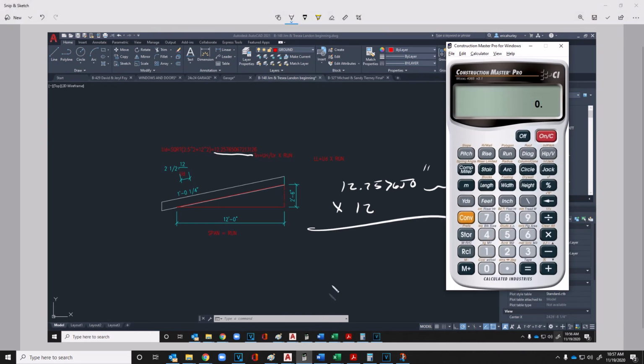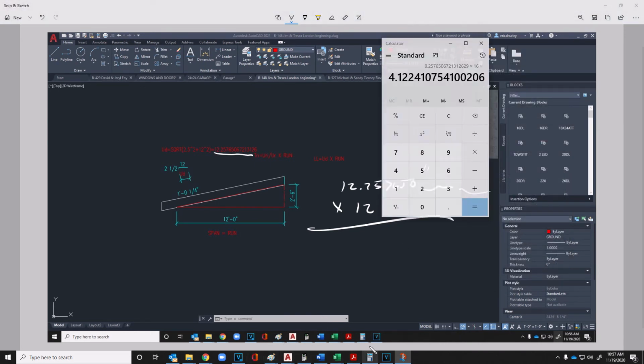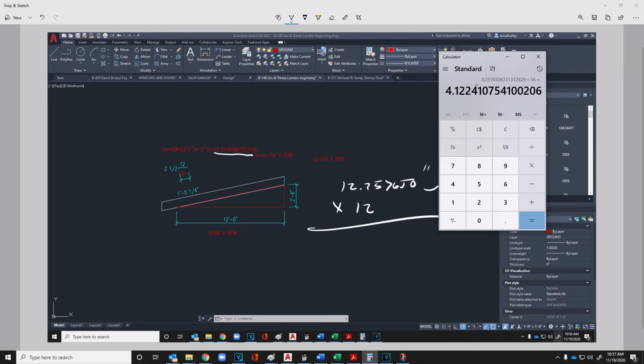Oop, wrong calculator. And I didn't save that dang number again. Doggone it. All right, so cleared out. And 2.5 squared plus 12 squared equals square root. We ended up with the wrong number there.